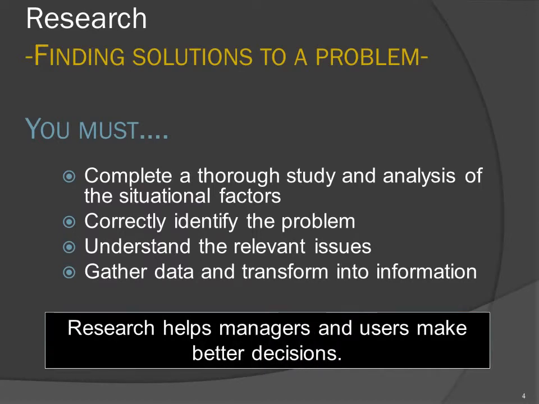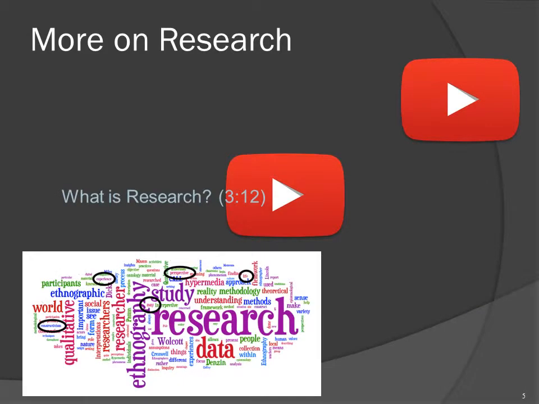In the end, the intent is that research will help managers and users make better decisions. At least they've been provided with the information you've gathered and have the ability to use that as they make decisions. You hope that they're better decisions.